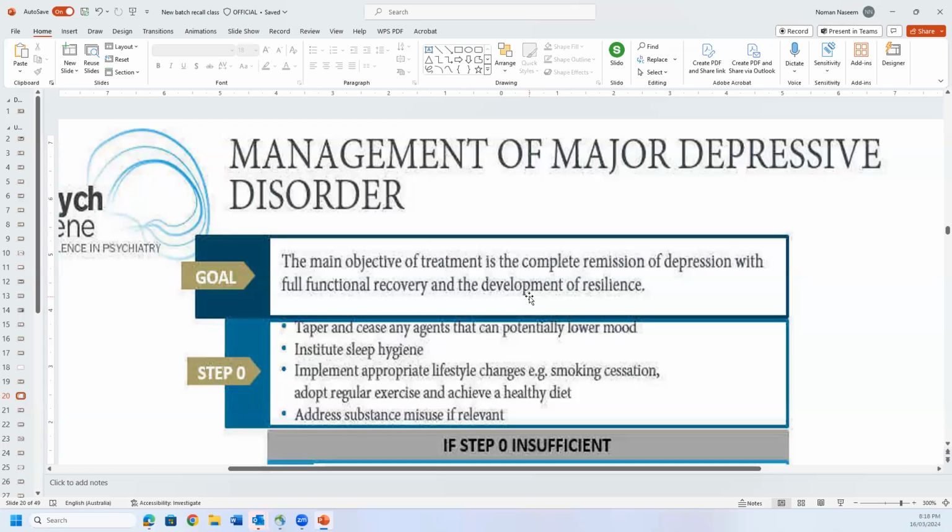We can cease any agent that can potentially cause aggravation of the symptoms. If the patient is having sleep problems, you can institute sleep hygiene, appropriate lifestyle changes like smoking cessation or cutting down on it, regular exercise, healthy diet. And if there is substance misuse, then you can also address that.